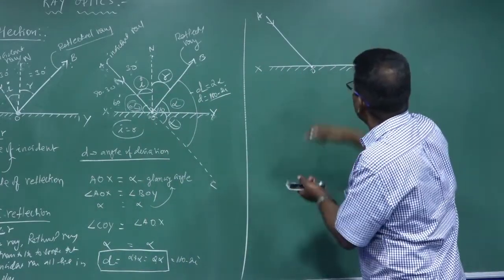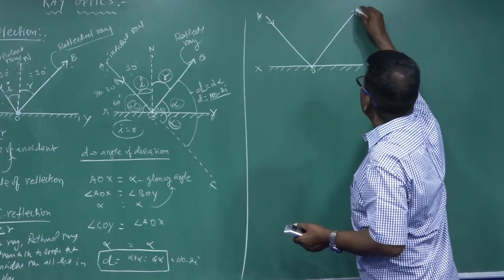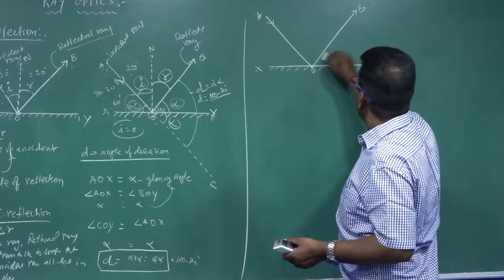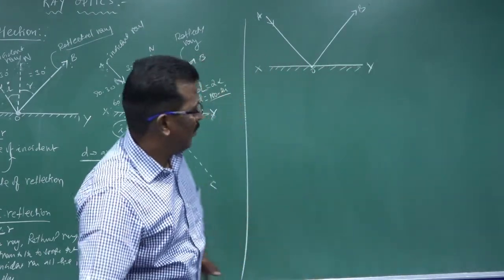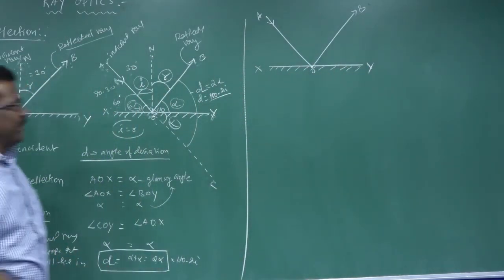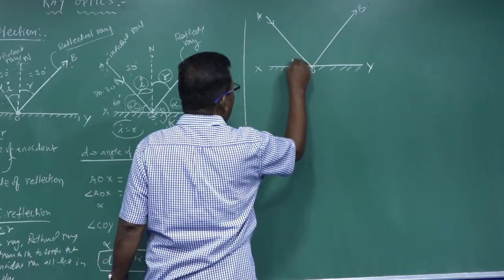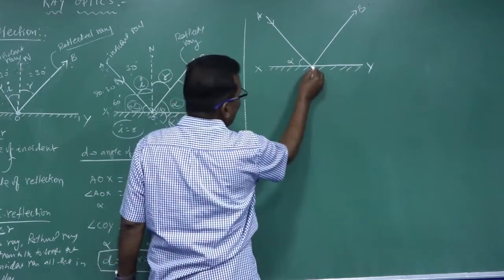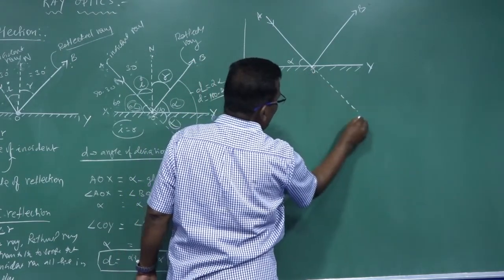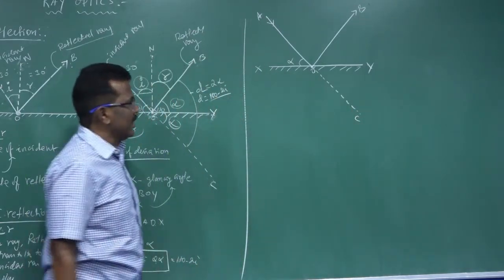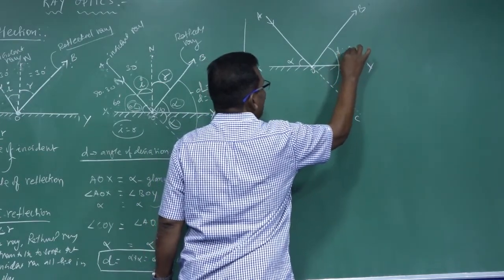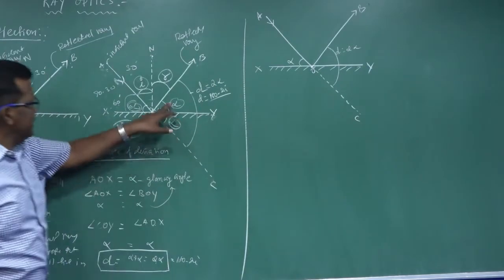Suppose B: OB, AO is the incident beam, OB is the reflected beam with the XY plane. If the XY plane is not a mirror, we know that with glancing angle alpha it would have traveled along this direction, OC. What is this? It is D. D is equal to 2 alpha.